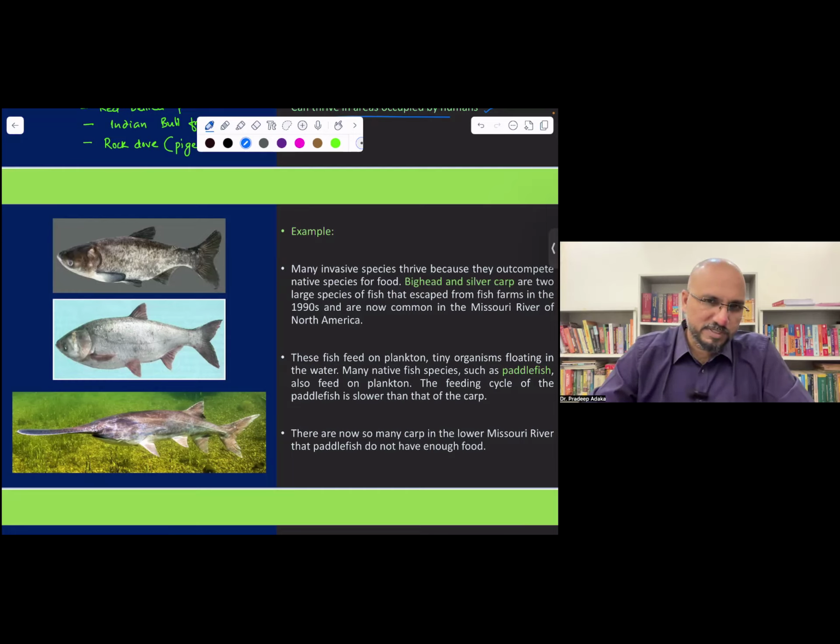So most textbook examples come from Western countries. Okay, you might have seen this in the textbooks also. Most of the examples are from Western countries because initially the study began there, because they started to see the harmful effects of pesticides, of industrialization. Industrialization happened very slowly in India.